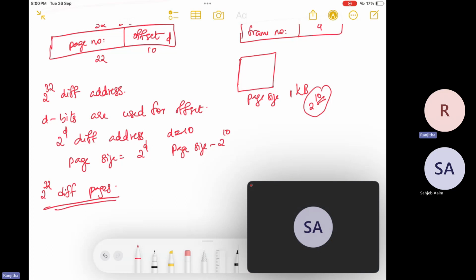So total number of pages will be 2 power 22. 2 power 22 different pages we can identify using 22 bits. So this is how, ये बिट का एक बार समझ आएगा ना, so then you will be able to understand it.